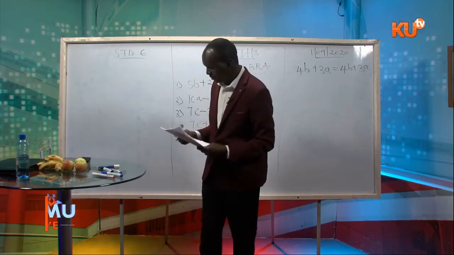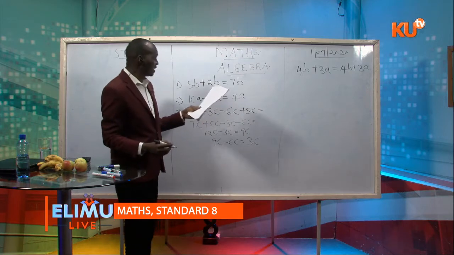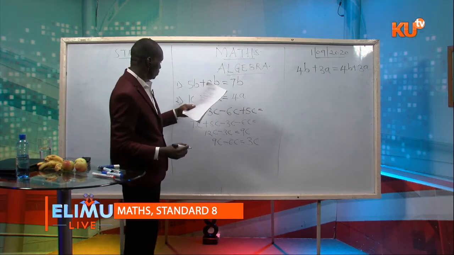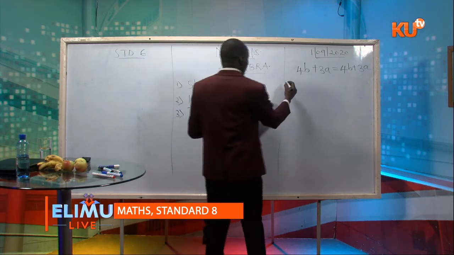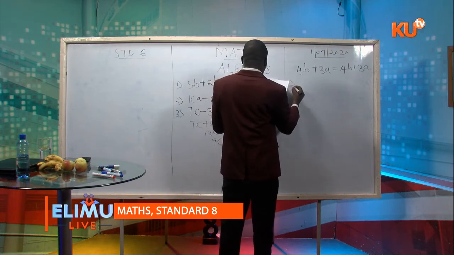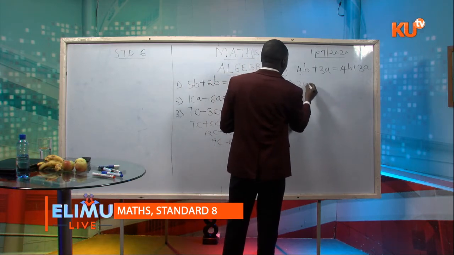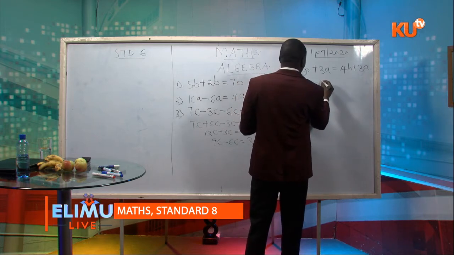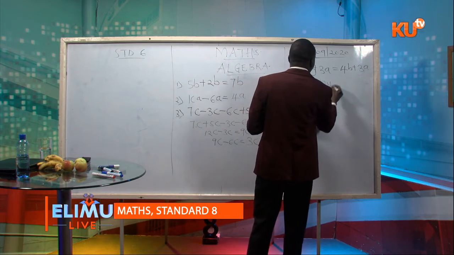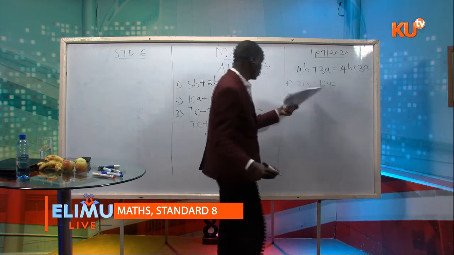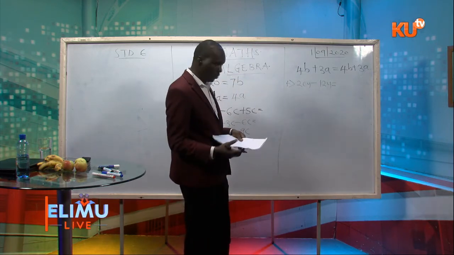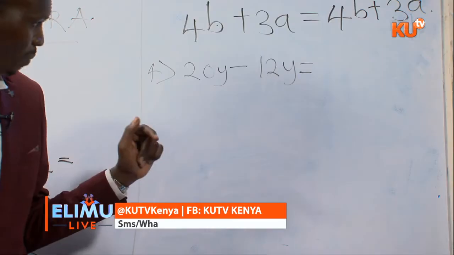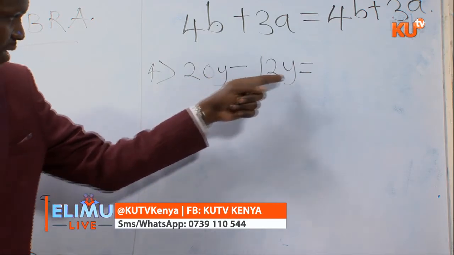All right. Good. Our next example is 20y take away 12y. This is simple, simply because the terms are the same.